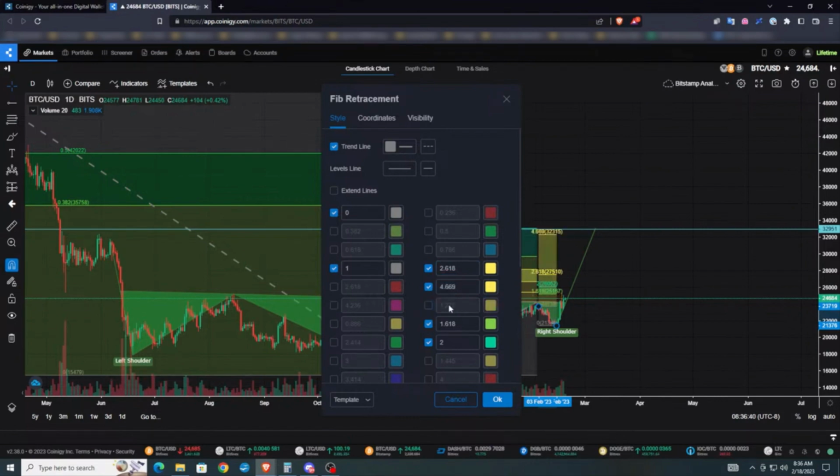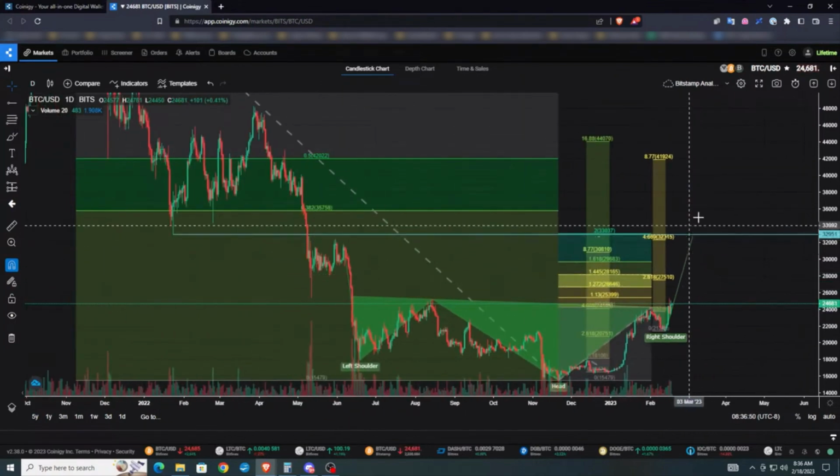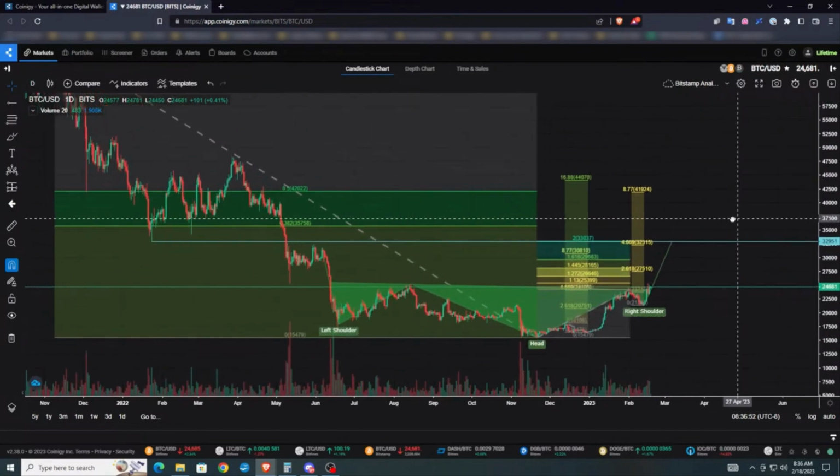We can add on our chaos levels. And we start to get some pretty reasonable confluence.